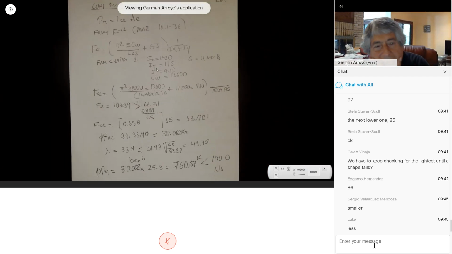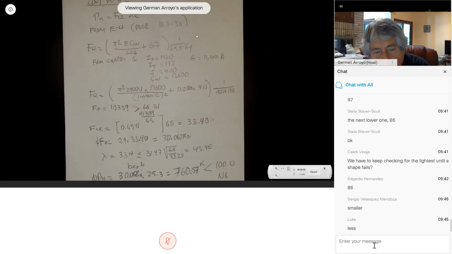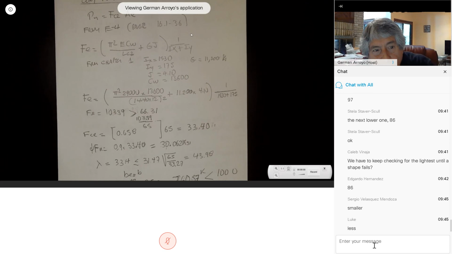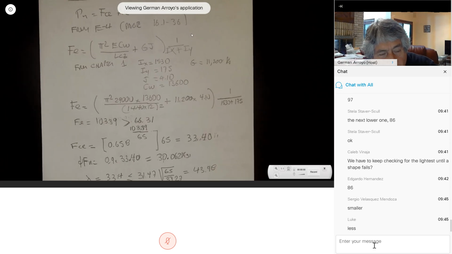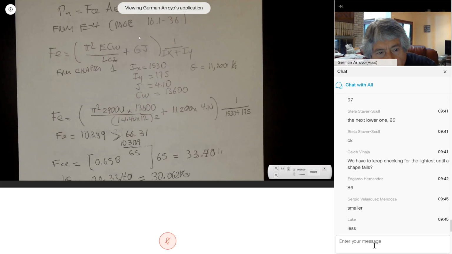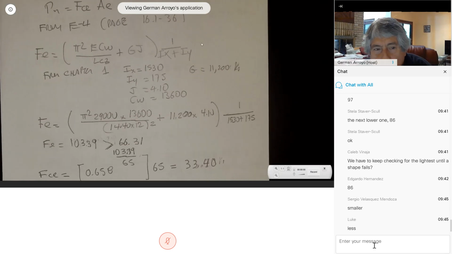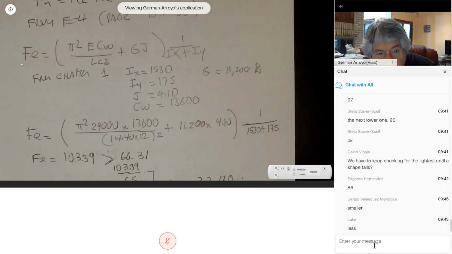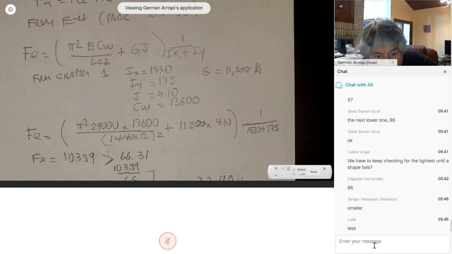So I had to go to E4. And E4, I had this equation that I used the other day for the Euler whenever we had twists. And this equation is much easier today because in chapter 1, for this section, besides Ix and Iy, J is given in there.